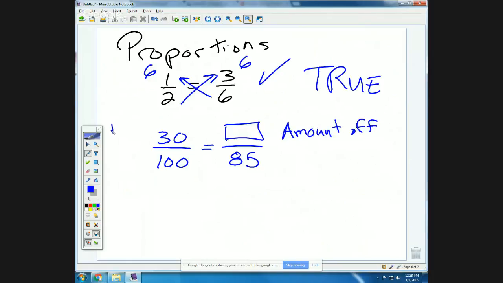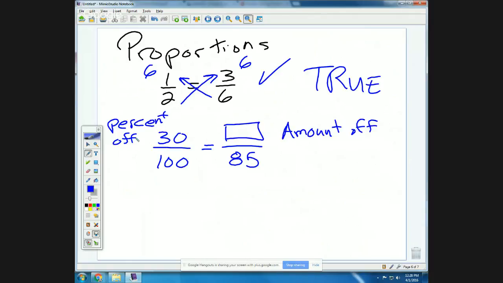Given that over here, I have the percent off. And how do we solve a proportion like this? Cross multiply.